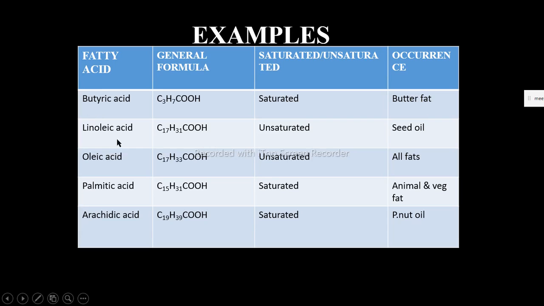Then we have alpha linoleic acid, or you can call it omega 3. It is C17, and then COOH. It is unsaturated, and you find it in most seeds, the groundnuts. If you are feeding on groundnuts, then you are so good.